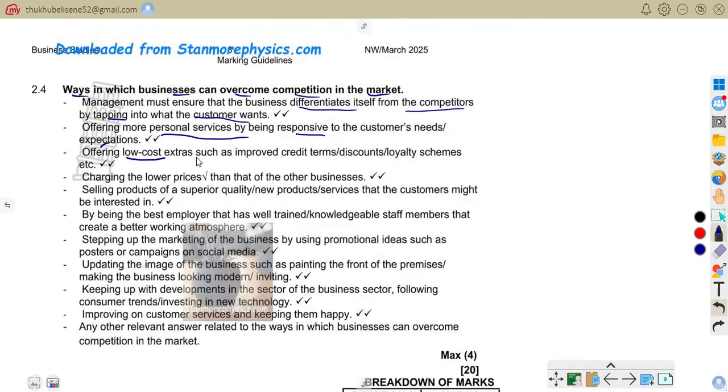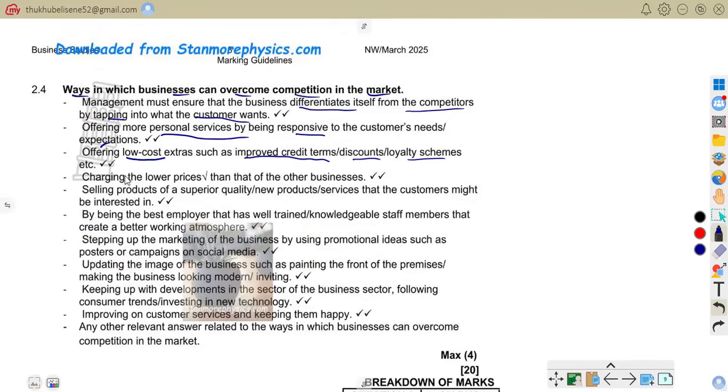Offering low-cost extras, improved credit terms, discounts, loyalty schemes, etc. Here we are talking about where you offer extras like discounts and loyalty schemes. So businesses attract customers by offering special deals or rewards.